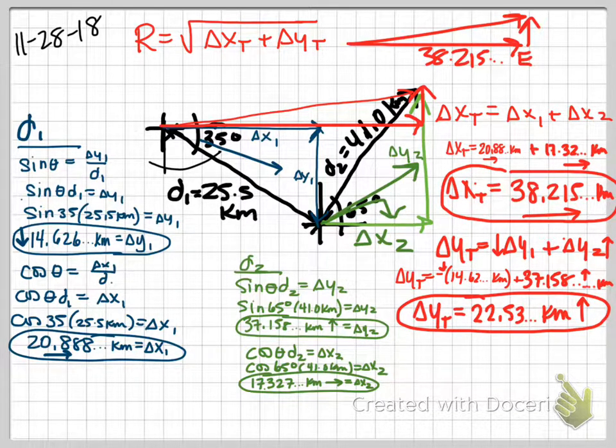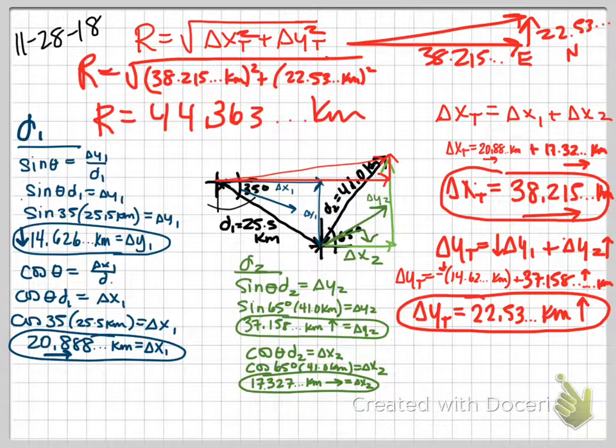And my 22, this doesn't seem right, but I'm going to just have faith that it'll all work out in the end. 22.53 north is there. So what's my resultant? Well, R equals... I'm not trusting how the calculator is handling scientific notation. Are you getting 44.363 kilometers? Okay. Are we done? No!